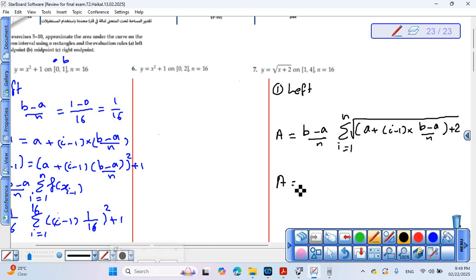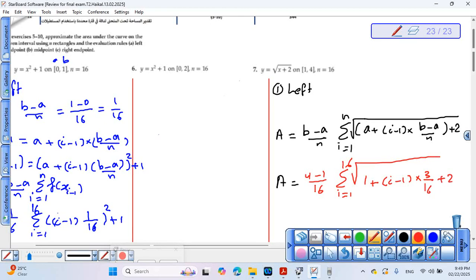Here b is 4, so 4 minus 1 over 16, summation from 1 to 16, radical, a is 1, plus (i minus 1) times (b minus a) over n, 4 minus 1 is 3 over 16, 3 over 16, plus 2.